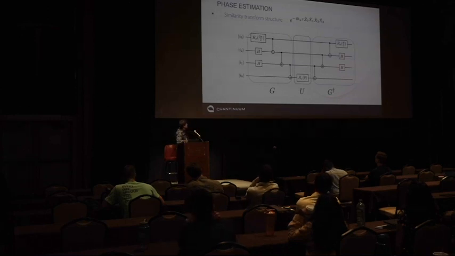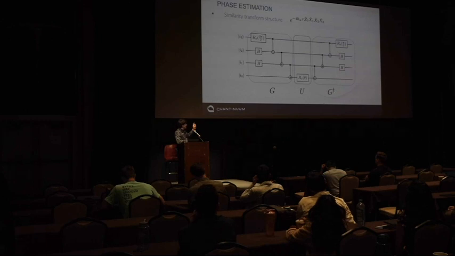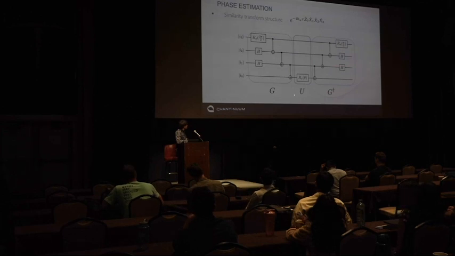The Pauli gadget has what's called a similarity transform structure. This essentially means you have a rotation G, a unitary operation, and then the inverse G rotation.